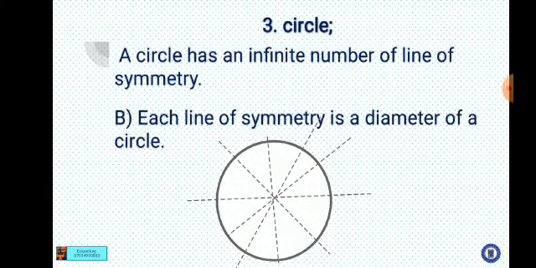So it has two lines of symmetry in rhombus. Then we have what we call kite. Kite, the two adjacent sides are equal, and it has one line of symmetry. We have another one like parallelograms, trapeziums, and so on.